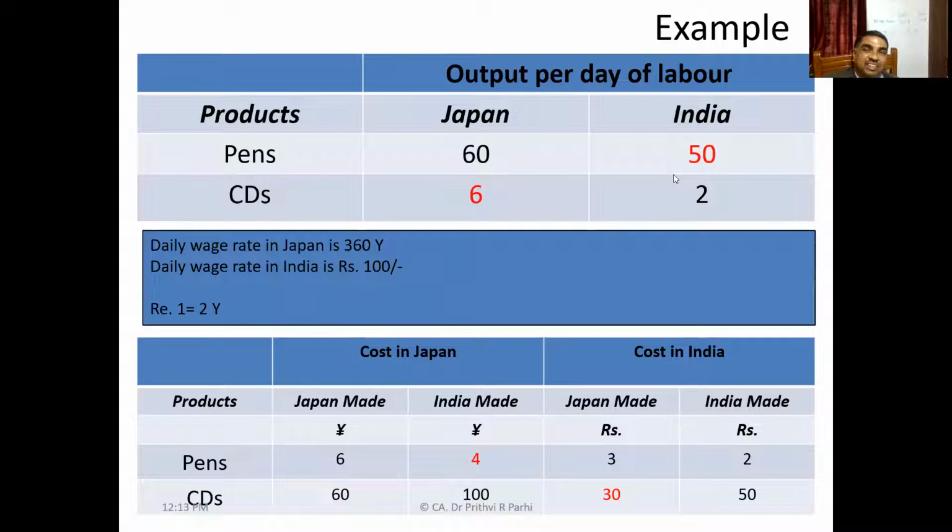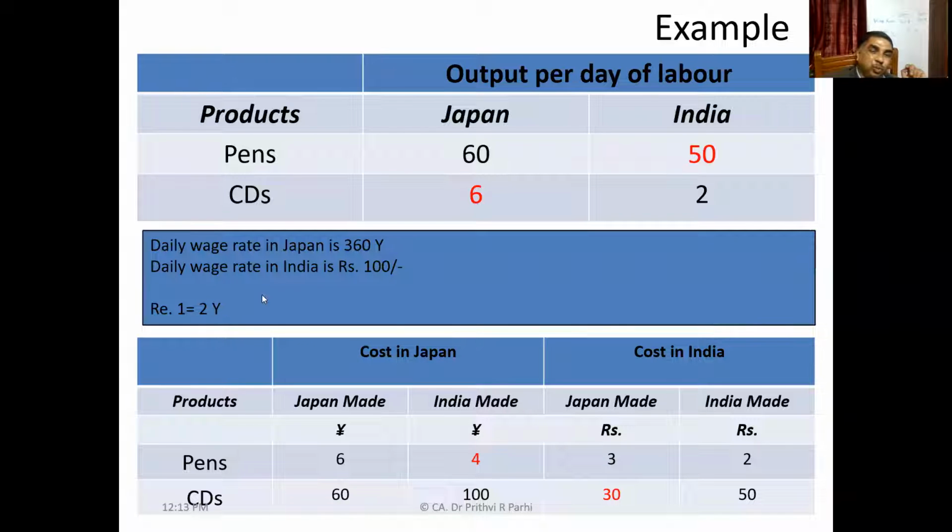For 50 pens in India, how much rupees do you have to spend? 100 rupees. So 100 rupees for 50 pens. So what is the cost per pen? 2 rupees.